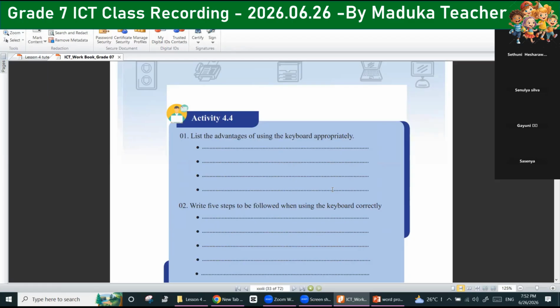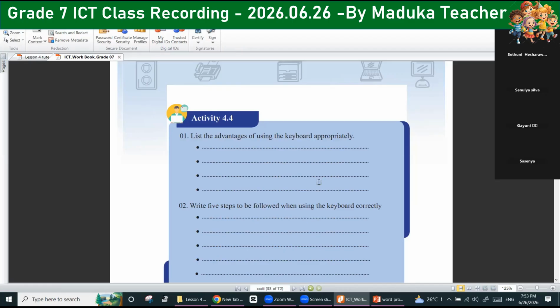There are 2 questions. When you join the next class, you have to complete this. Activity 4.4. There are 2 questions.